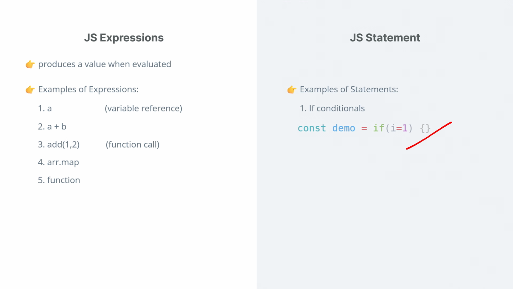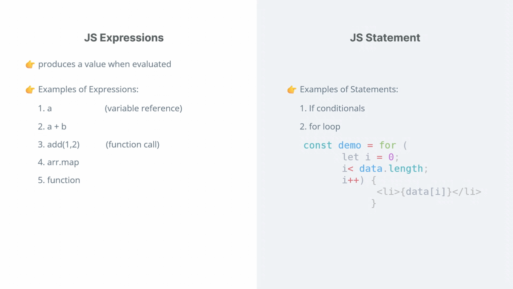No, right? You would never write something like const demo equals if. You would never write it this way, right? Second, for loops. Try assigning it to a variable. Can you assign it? No, it doesn't produce a value, does it?